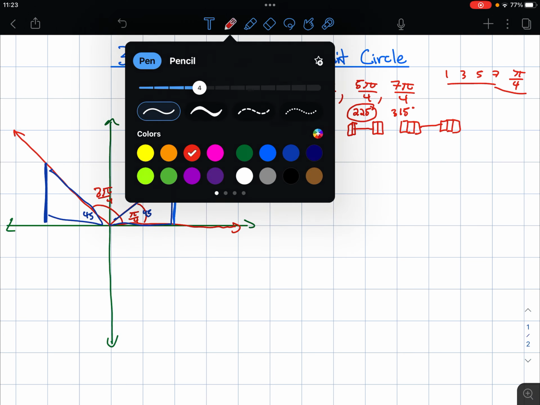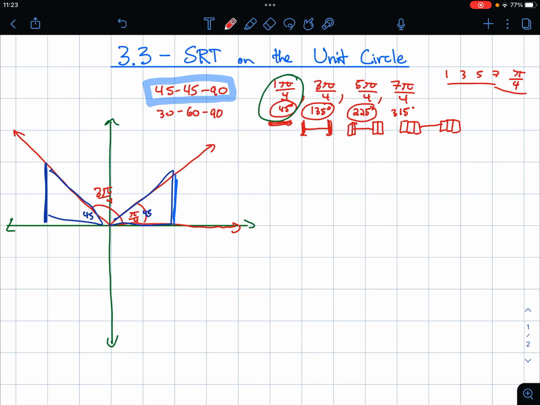And we can repeat this process with 5 pi over 4. So starting here on the axis and coming all the way around, this would be an angle of 5 pi over 4. But our reference angle, when we drop our altitude to the x-axis, is still a 45-degree reference. And then again, with 7 pi over 4, we'd have that same thing happening. So that's a key vocabulary word.